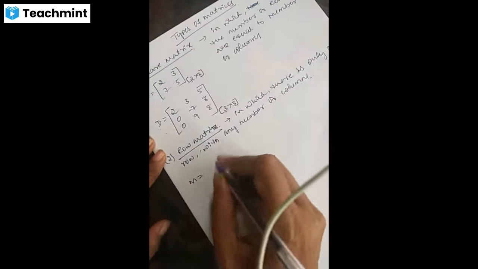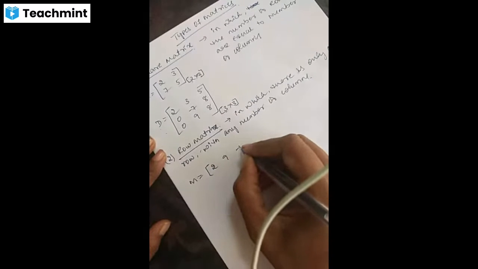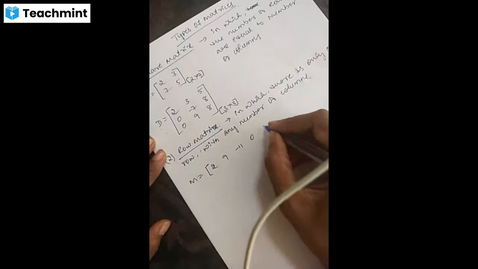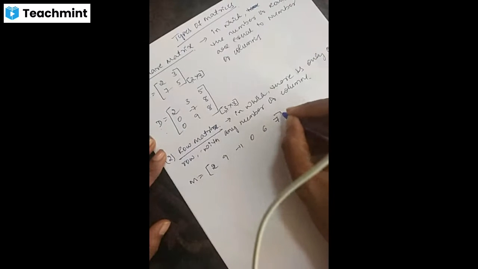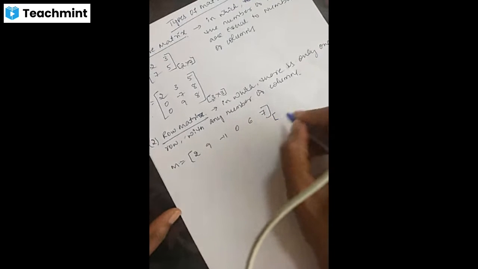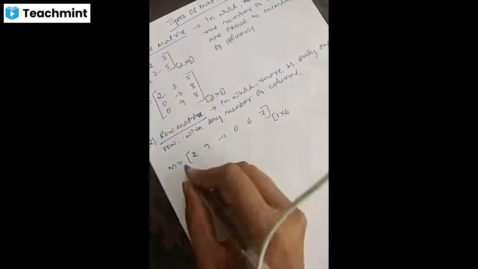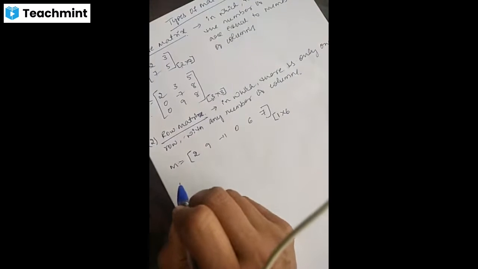Matrix M. Here you can see 2, 9, minus 11, 0, 6, 7. What is the order of this matrix? One into 6. How many rows are here? Only one row.